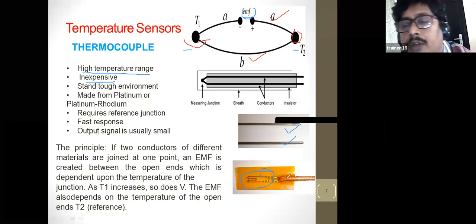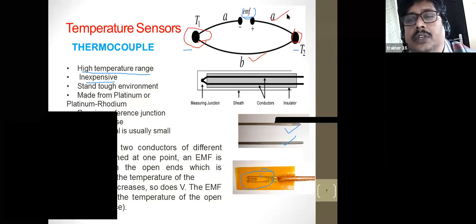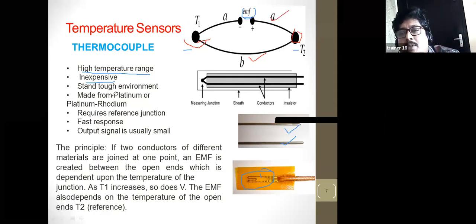Correct. Now who will discuss? All of you see here. This is a measurement for high temperature range. That means it is inexpensive. Inexpensive means the cost is very less.